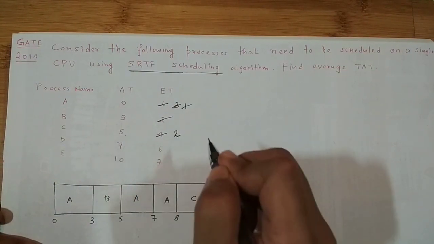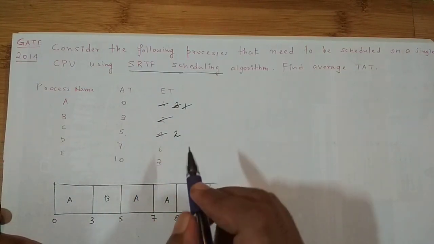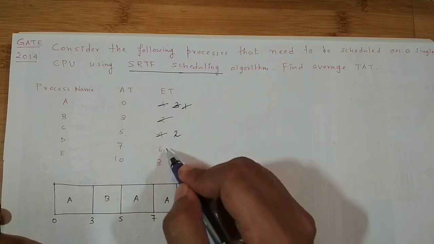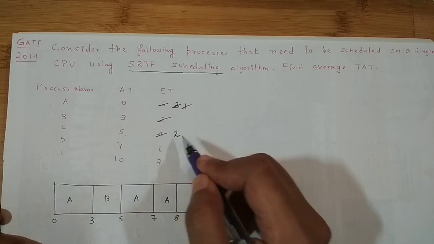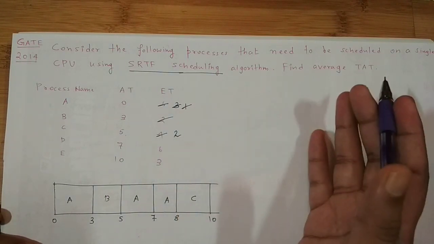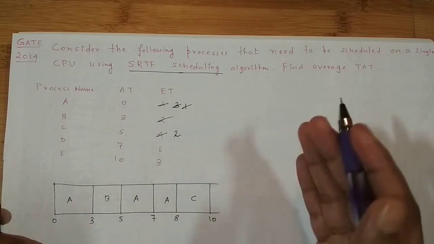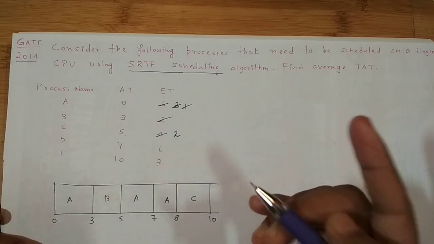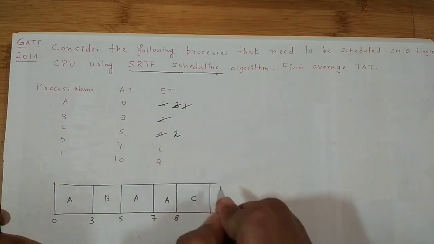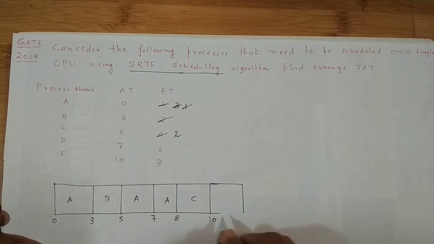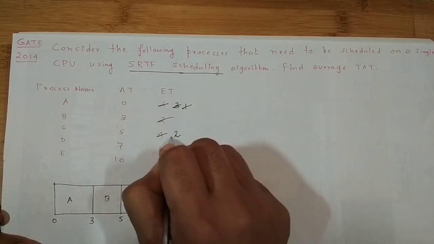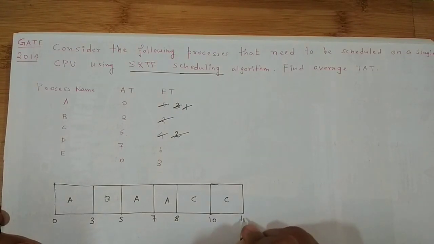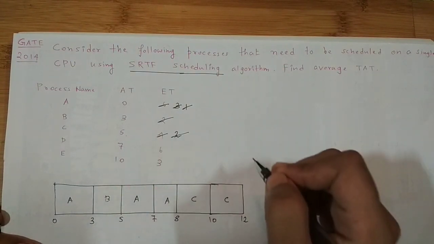Now at time 10, we have process C, process D and process E. Since C has been executing with the CPU, its burst time has been decreasing, and as its burst time decreases, like I mentioned, its priority goes up, and process C will continue having the CPU. It will have the CPU for 2 more units, and then it will finally give it up for any other process to get hold of it.